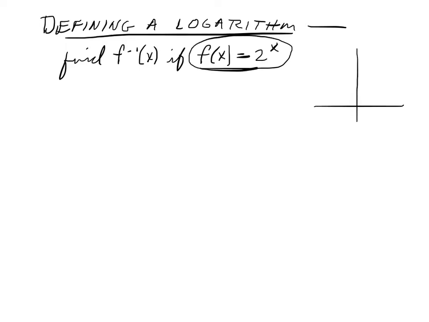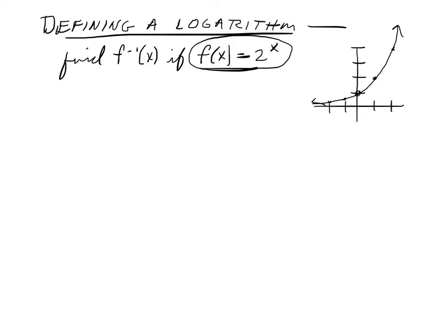If you take 2 to the 0, you get 1. 2 to the 1, you get 2. 2 to the 2, you get 4. 2 to the minus 1 is 1/2. 2 to the minus 2 is 1/4. You get these growth or decay functions that we've been working with.